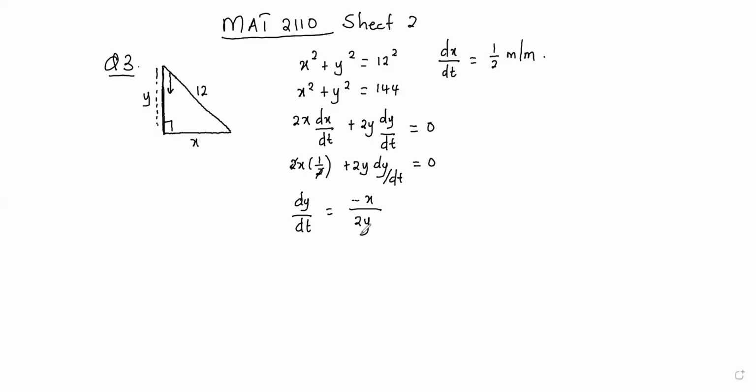So now we are given some distance. When x is equal to 4, at what rate? So we'll go back here, or straight from the triangle.